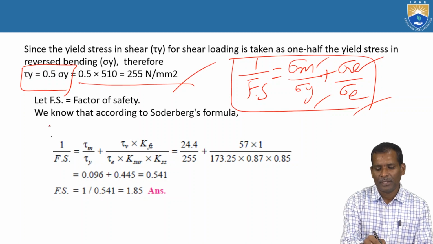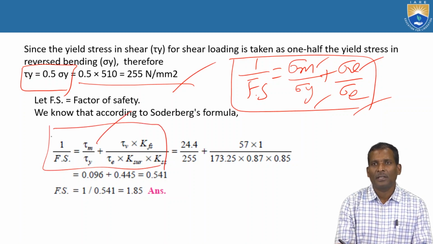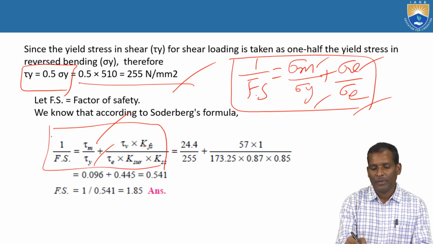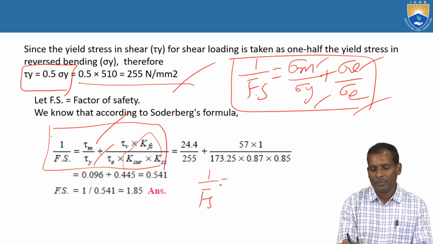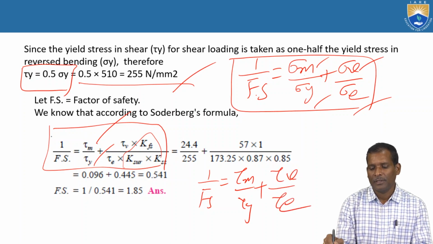So 1 by factor of safety is equal to shear mean upon shear y plus shear variable by shear e.